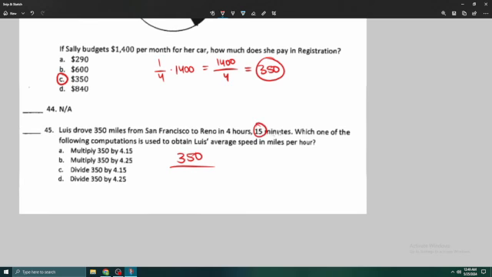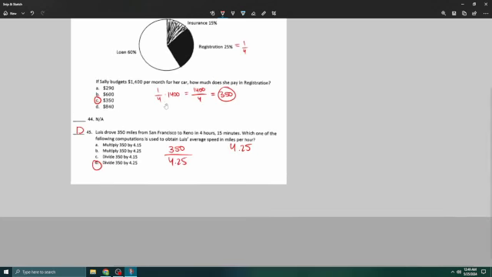Well, isn't 15 minutes a quarter of an hour, right? Quarter after. So 4 and 1/4, 4.25 hours. So divide. All right, not too bad.